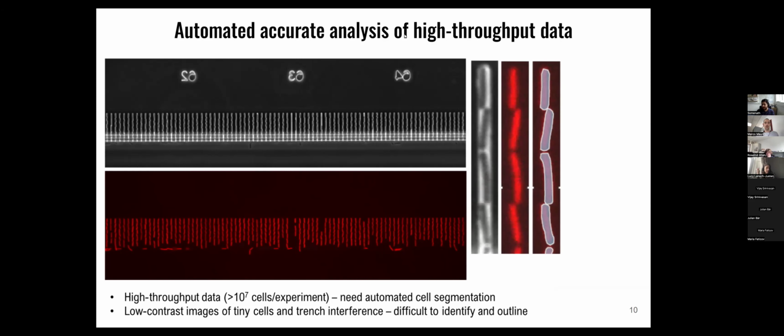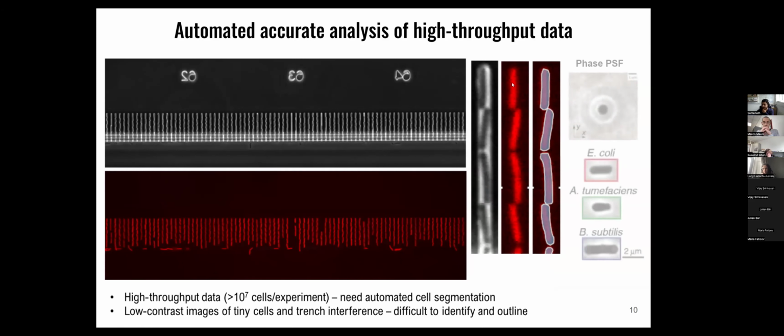For one, you can see that the contrast between the cell and the background is not something one can use to easily identify them, because the device itself is darker than the cell. And our goal is to segment this cell outline to quantify intensities from these reporters.